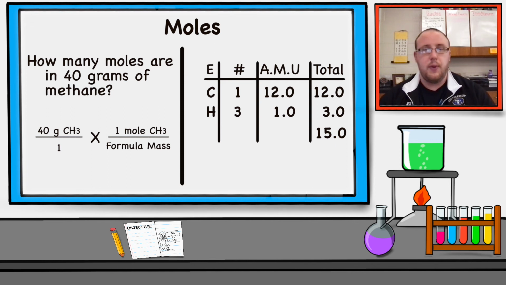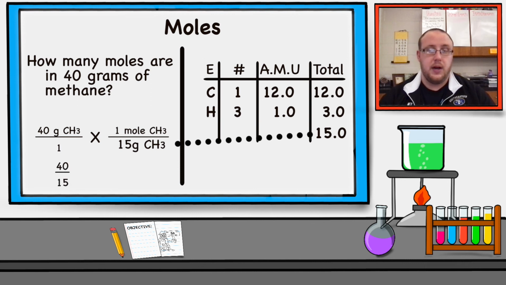Now that we have our formula mass, we can go back to our original equation and fill out our missing formula mass. The equation should read now 40 grams of methane over 1 times 1 mole of methane over 15 grams of methane. Our last step is to multiply our tops and bottoms and then divide them out. So we multiply our top and we get 40 times 1 is 40.